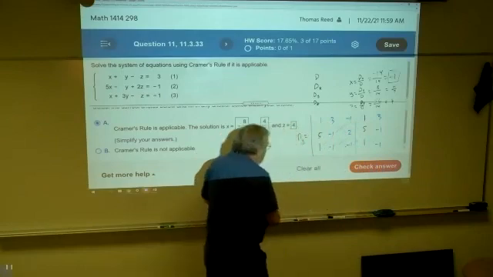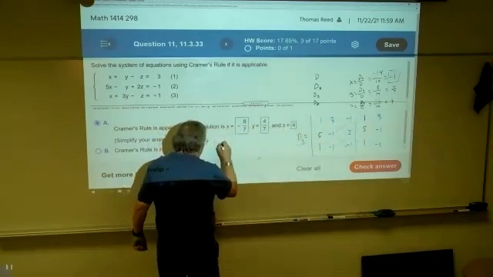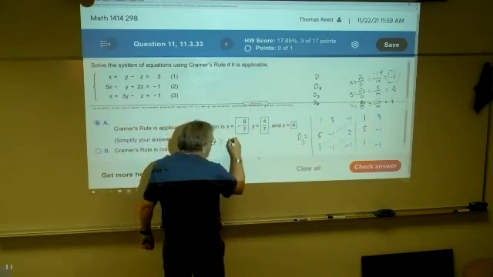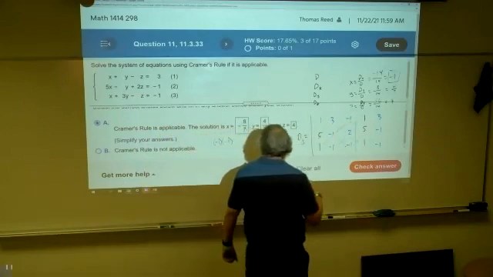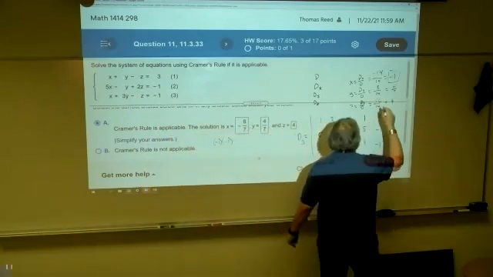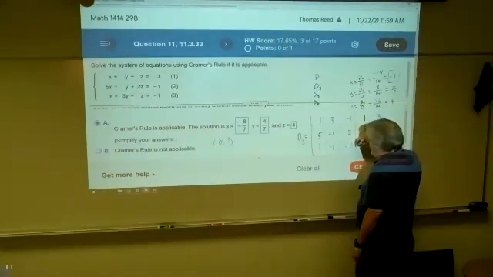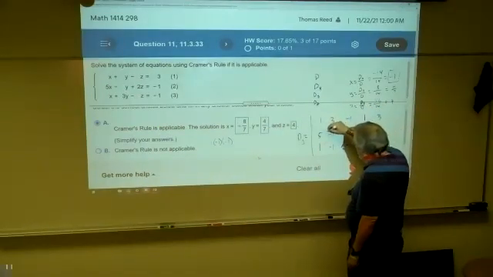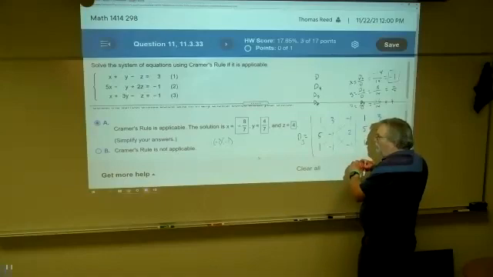And now I do those diagonals again. 1 times -1 times -1. One thing I did not check when I wrote down this, and one reason I got incorrect answers here, was I did not double check the numbers I put in. I did not make sure that the signs were correct in the numbers I wrote down.